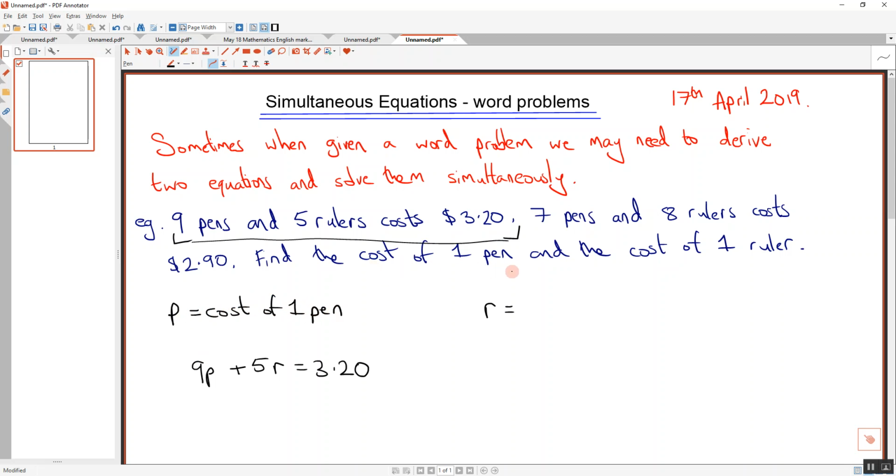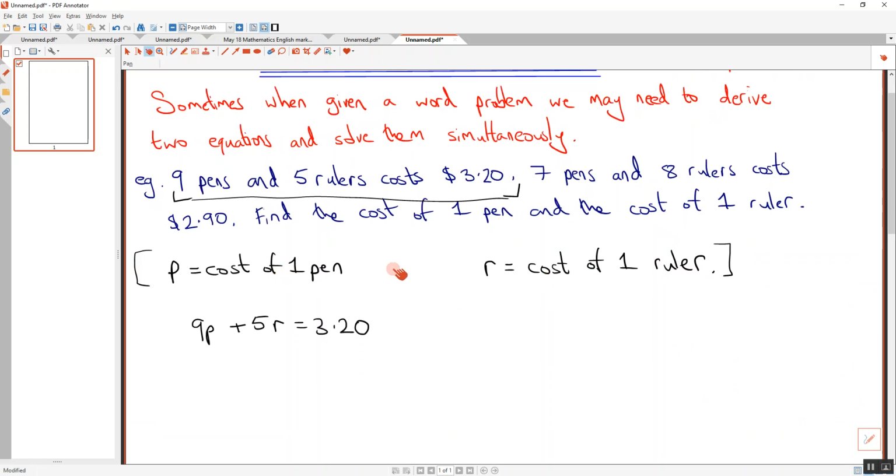R represents the cost of 1 ruler. Now, if this was a criterion A, I wouldn't be so much bothered about this information. But if this is a criterion C, this is something that I would need to see. This really lets the examiner see that you understand exactly what you're doing. So this must be written down.